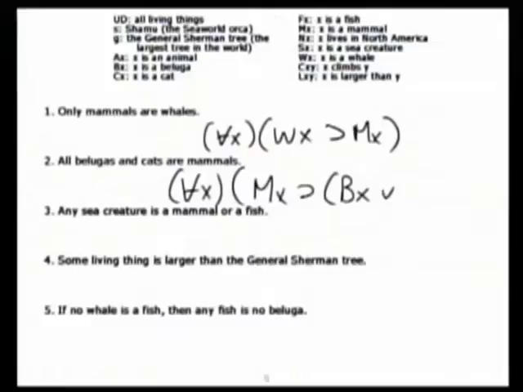Let's see. Alex, how about number 2? For all x, parenthesis MX implies parenthesis BX or CX, and close it off.